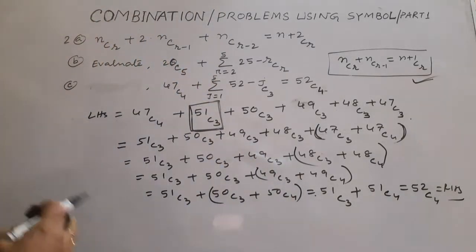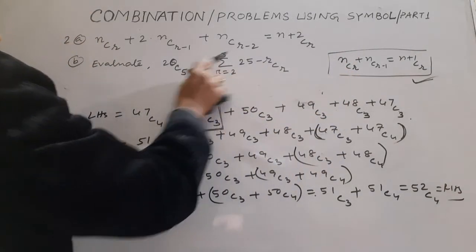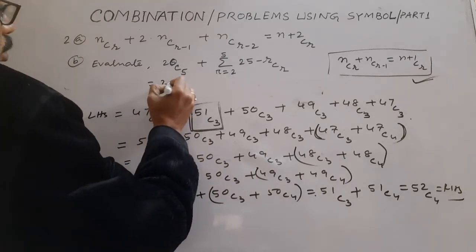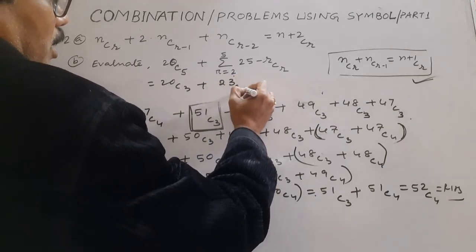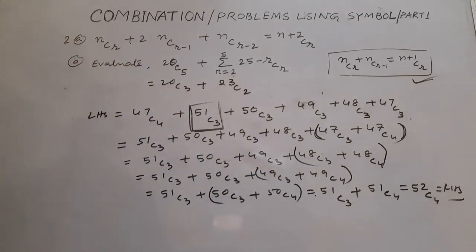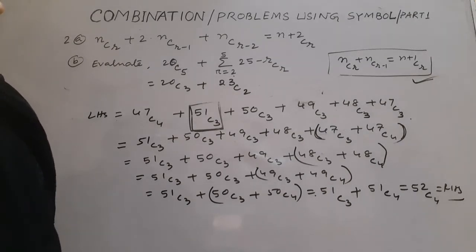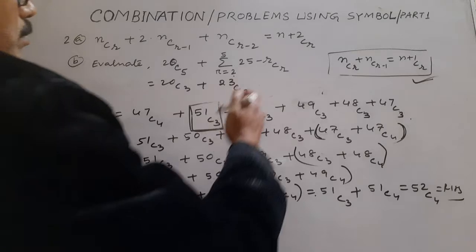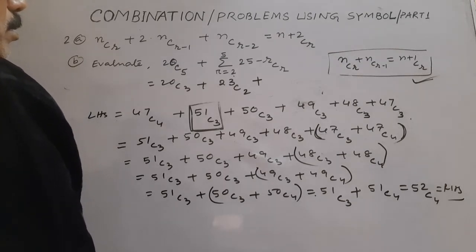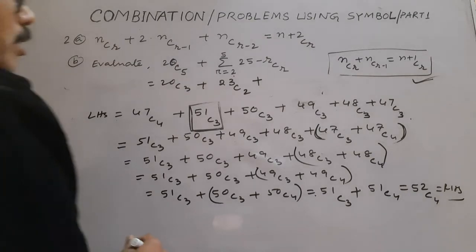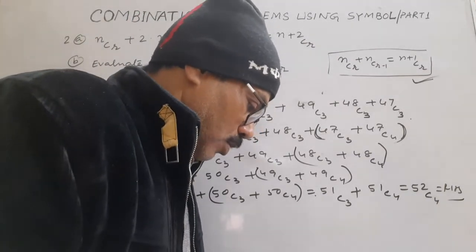For example, you complete B, but for this problem, if we take R equals 2, this is 23C2. Then look at the problem again.